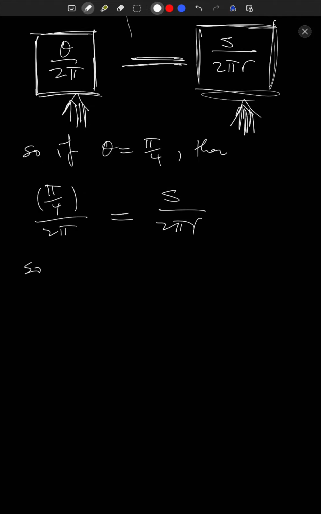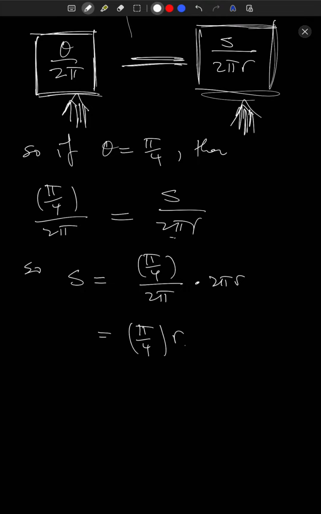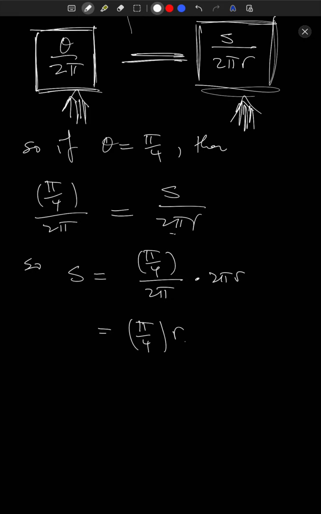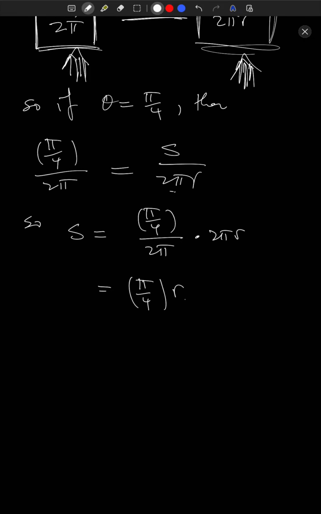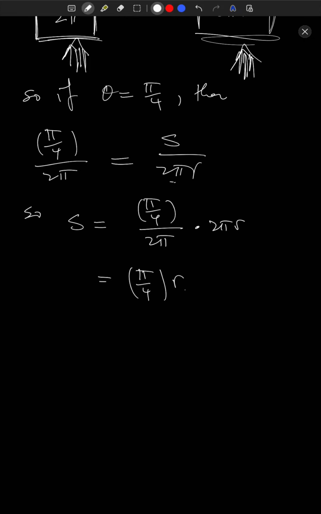And so S should be equal to pi over 4 over 2 pi times 2 pi r, just throwing this 2 pi r to the left-hand side. And so we get a little bit of cancellation here: pi over 4 times r.